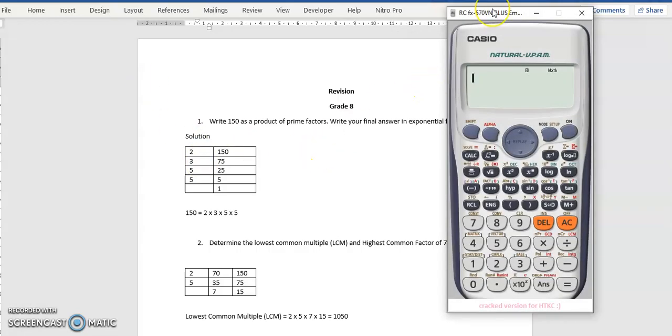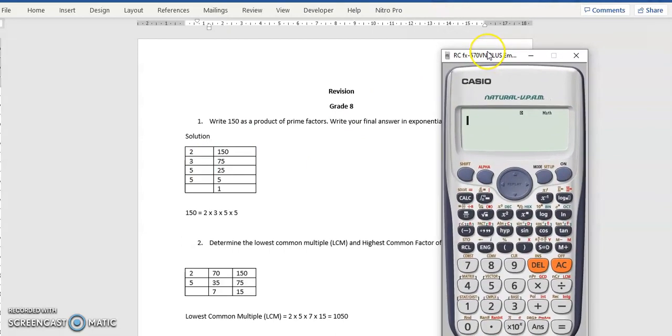You can do this using your mind, but I also want to show you how to use the calculator as well. Now, first you ask yourself, what number can divide 150 without a remainder?